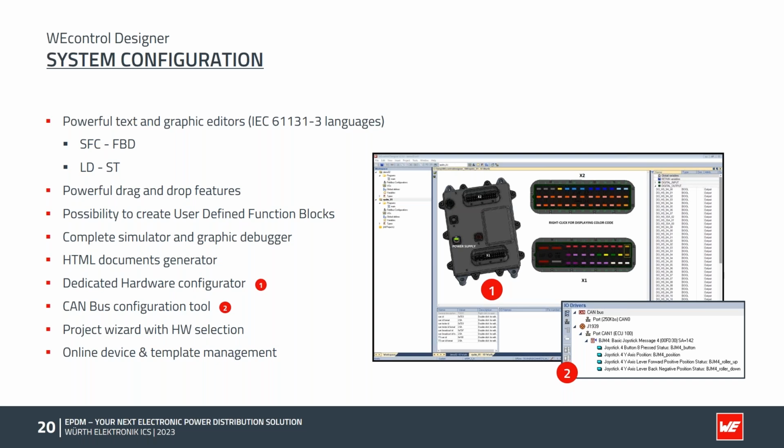For the configuration of the system, our tool provides a graphical configuration as well as supporting the IEC 61131-3 languages, known as function block, structured text, sequential flowchart, and ladder. I will not go into every detail, just know that we use drag and drop features for most of the programming, and then we can just configure the functionalities.